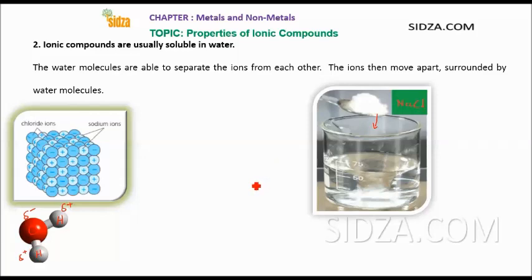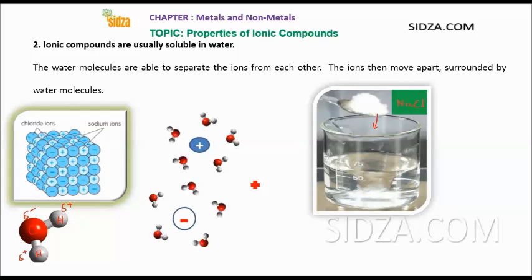Ions in an ionic compound are very strongly held together when it's in the solid state, but once you put this ionic compound in water, the ions dissociate, and the solvent molecules surround these ions. Here's the cation, here's the anion.